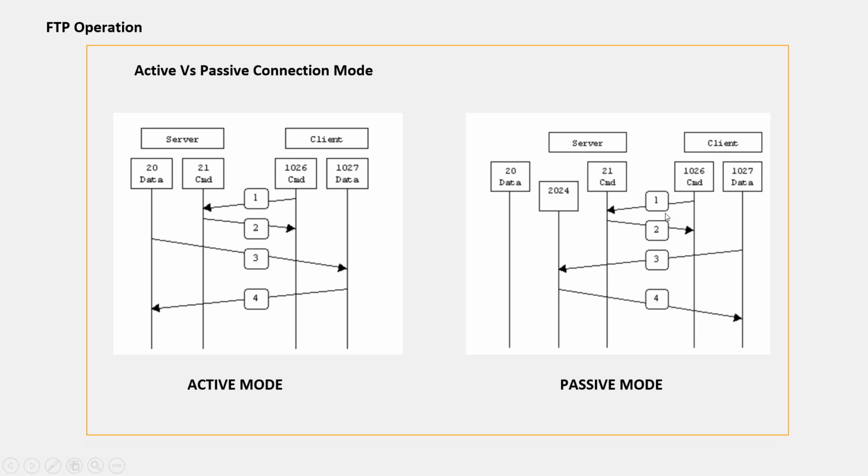But instead of issuing a PORT command and allowing the server to connect back to the data port, as in active mode, the client will issue a PASV command. The result is that the server opens a random unprivileged port and sends that number back to the client. The client then initiates the connection from its data port to the server, and the connection is established.